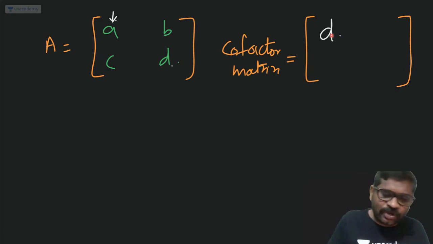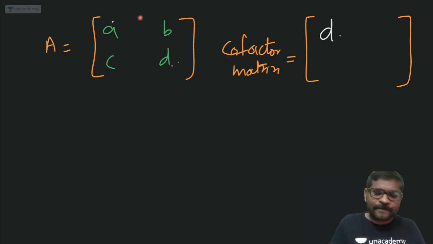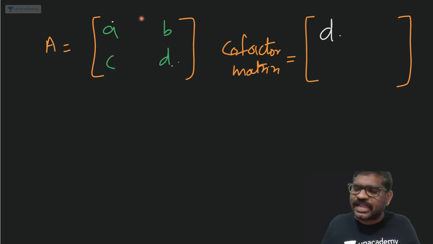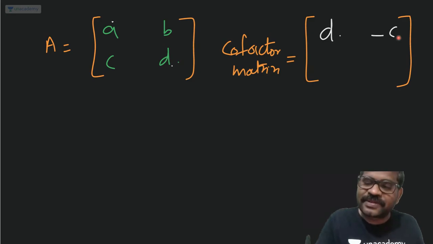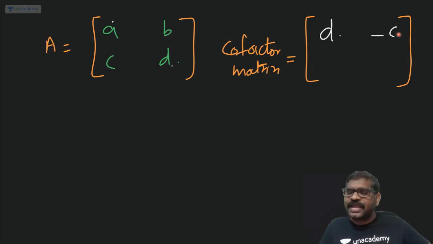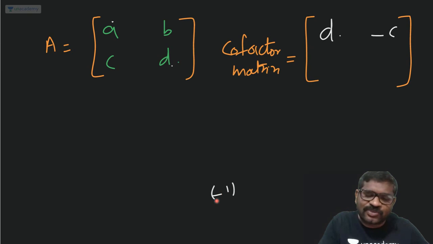What about cofactor of B? Eliminate its row and its column. Sir, you have C. Shall I write C or minus C? Minus C, because it is first row, second column. -1 whole power 1 plus 2 is -1.